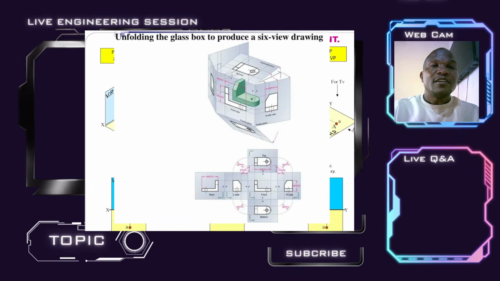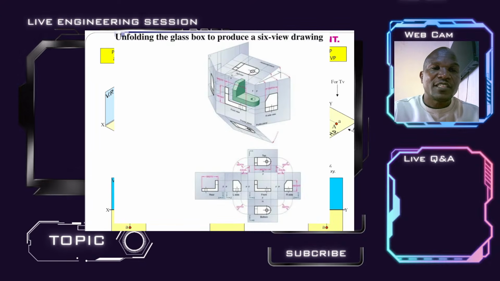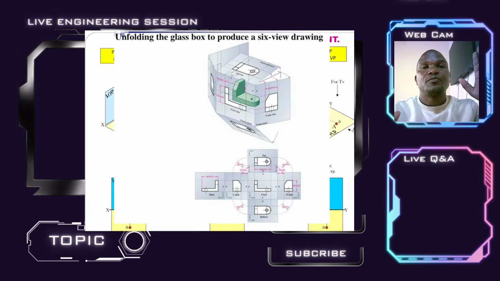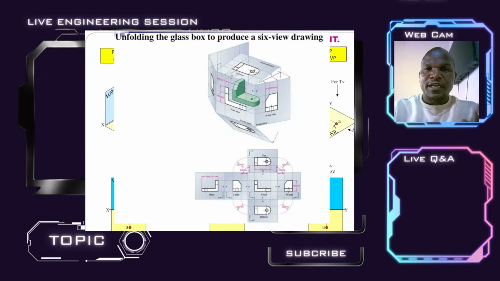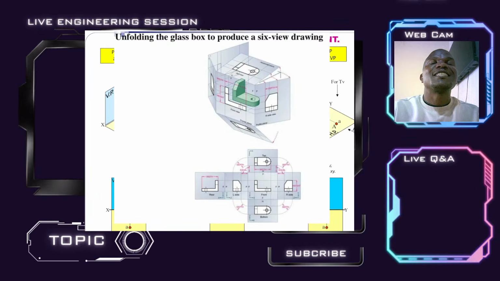You see, the front view is the same as it is on the other side, only the position is different because of the unfolding of the box. However, when we were projecting, they were facing the same direction, the same shape, only that it has been turned opposite.